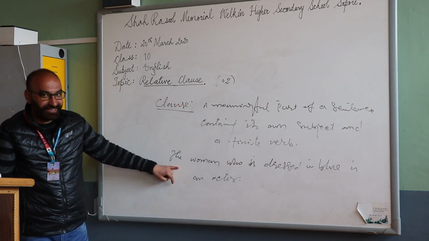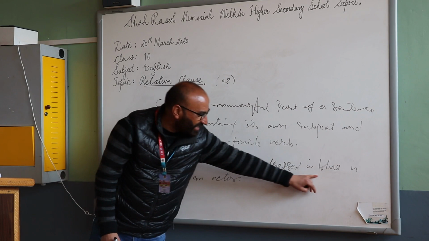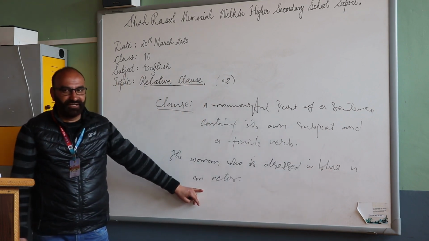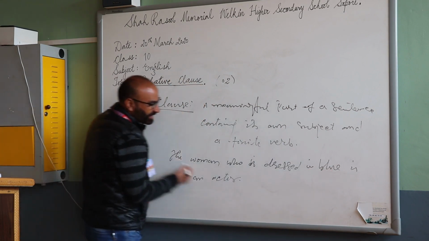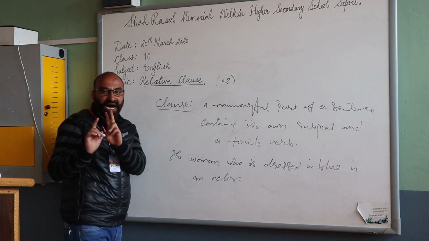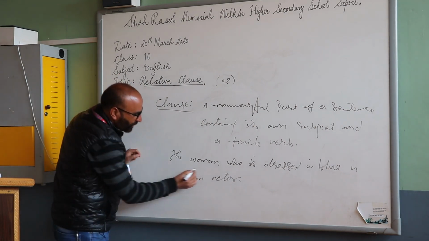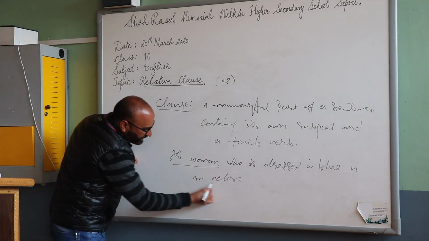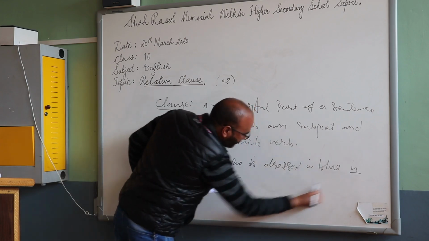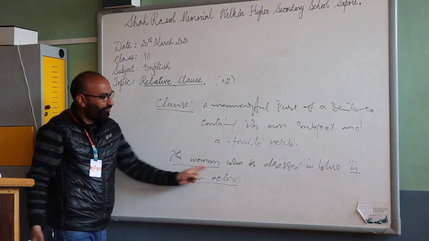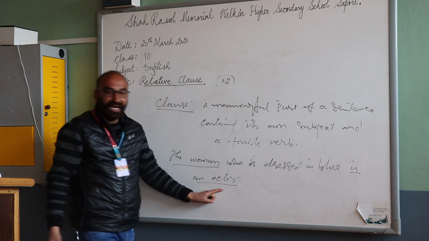Look at the sentence. The woman who is dressed in blue is an actor. This is a long sentence containing 2 parts, 2 clauses. One of the clauses is the woman is an actor. This finite verb, this actor. The woman is an actor.